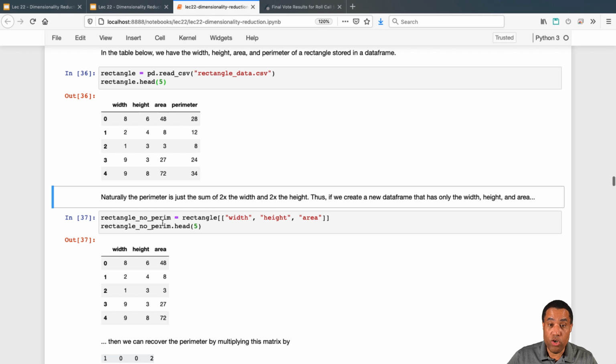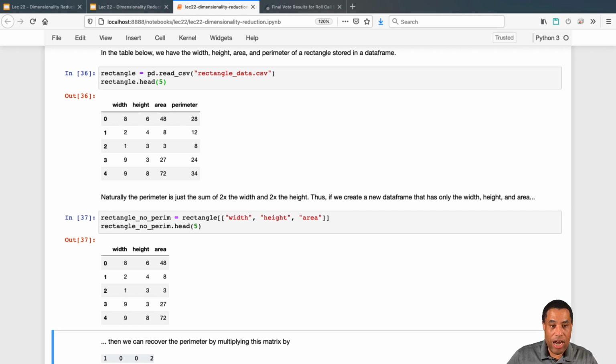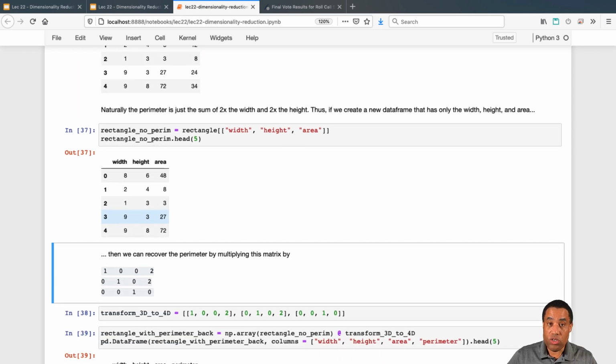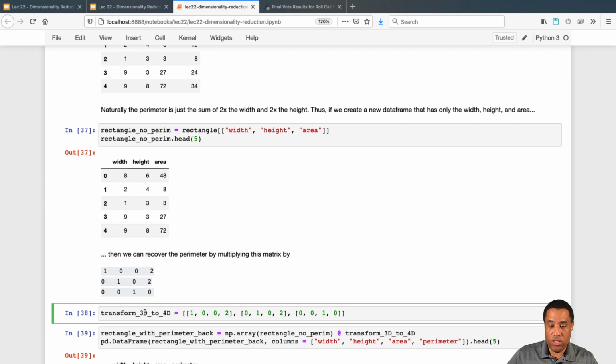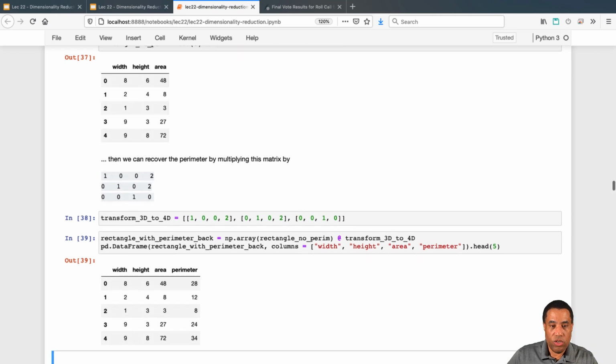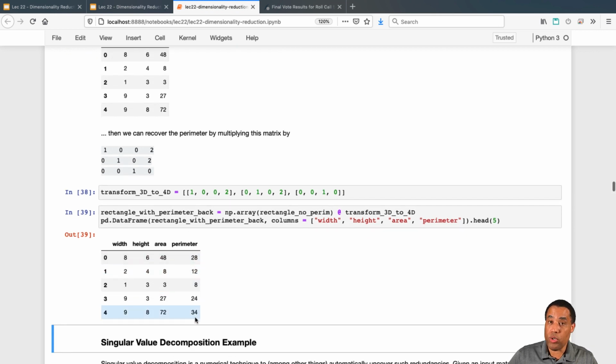Okay, so we could create a new data frame that just has our width, height, and area and drops the perimeter. Of course, we can recover this by just simply multiplying by our transformation matrix 1002, 0102, and 0010 as each of the rows. And so if we do that multiplication, we get back our perimeter column, right?